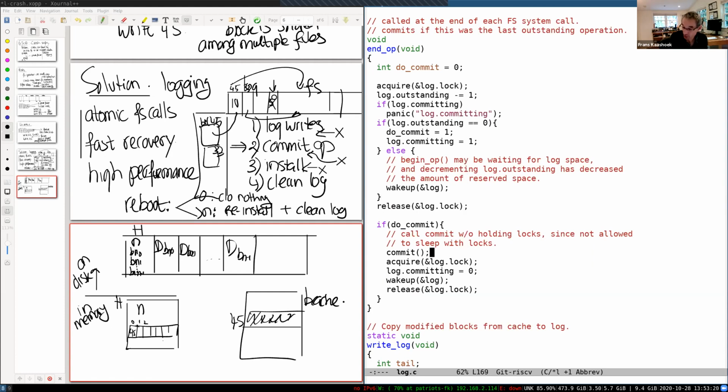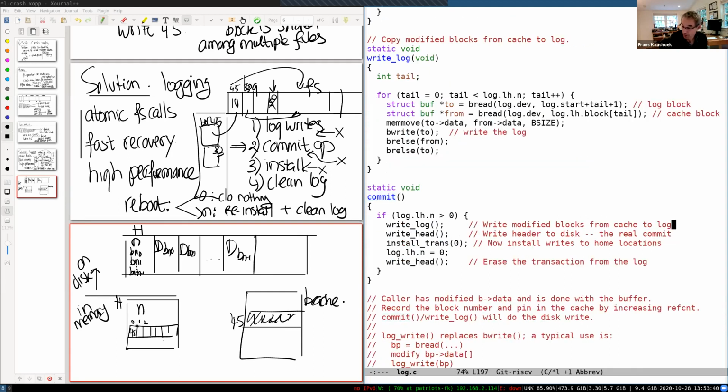I just want to get the normal case, the simple case where no other file system operations are in progress. We execute create file, and we're getting to the point where we want to commit it. The code is pretty straightforward. It calls commit. So let's look at commit.